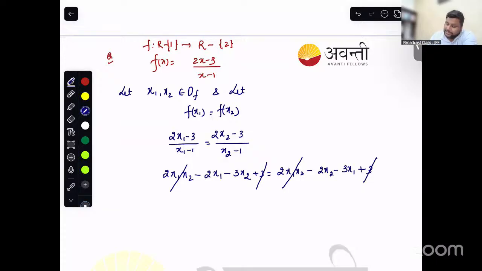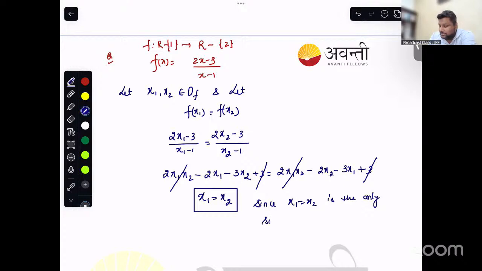Understood? Take this 3x1 to the left side, you will get x1 equals x2. Now, since x1 equals x2 is the only solution, function is 1-1.